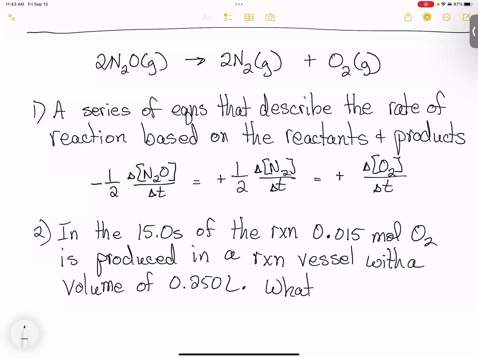What is the average rate of reaction during this time interval?